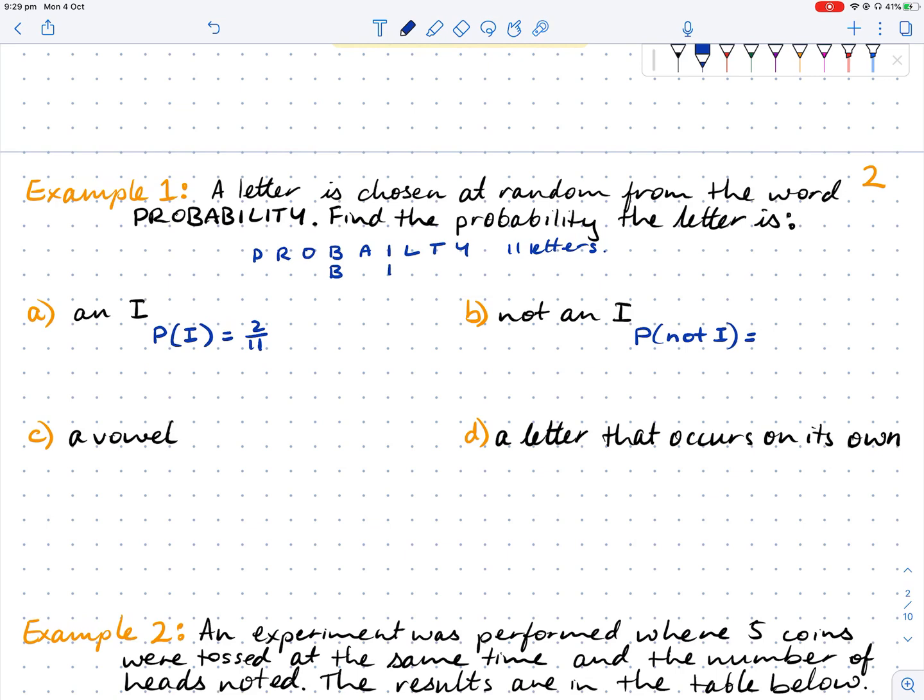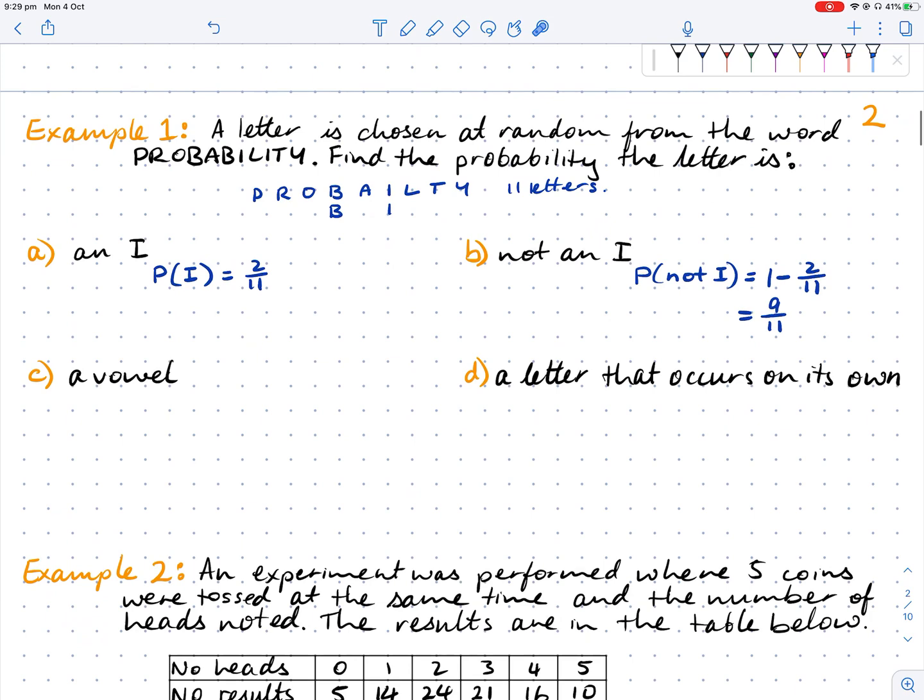Or, because we know how many I's we have, we can work out the probability it's not an I by taking 1 minus that probability. And so that's 9 out of 11. So hopefully you got that too. 1, 2, 3, 4, 5, 6, 7, 8, 9. 9 out of 11. Sometimes it's faster to use a complementary event. Sometimes it's easier just to count them up. It's up to you what you want to do.